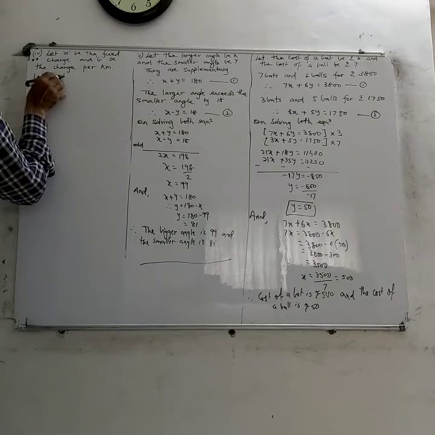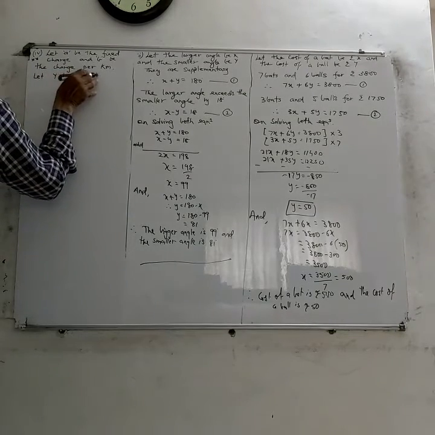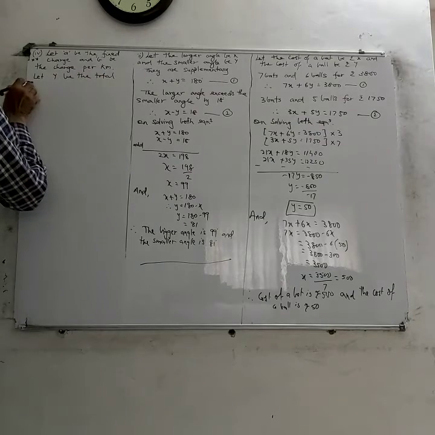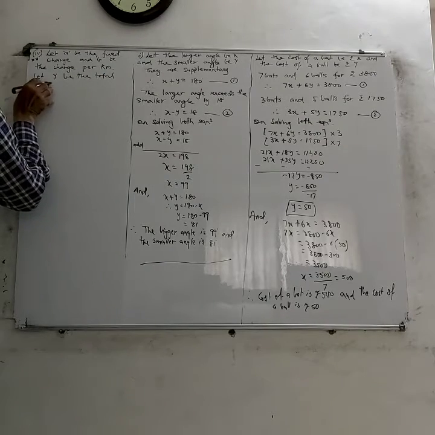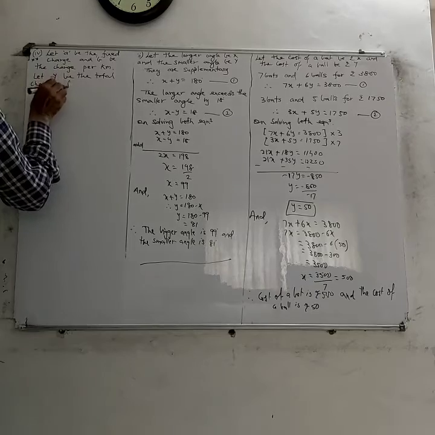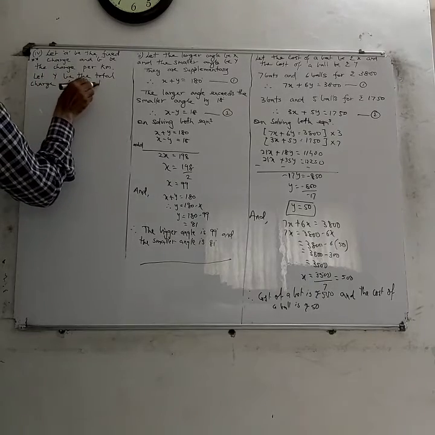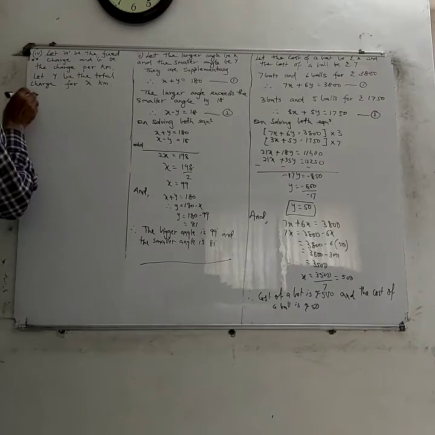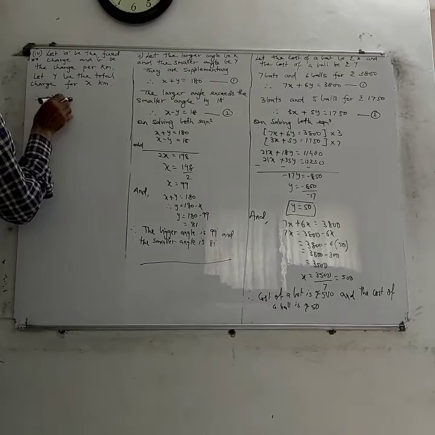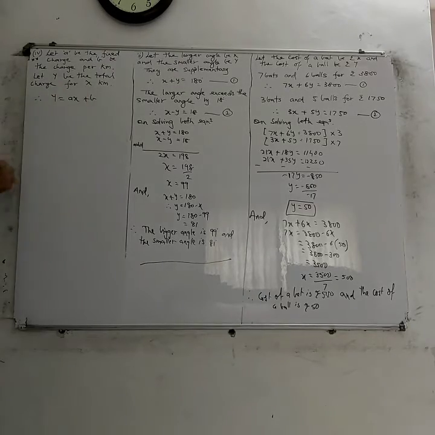Let Y be the total charge for X kilometers. Therefore, we get Y is equal to Ax plus B.